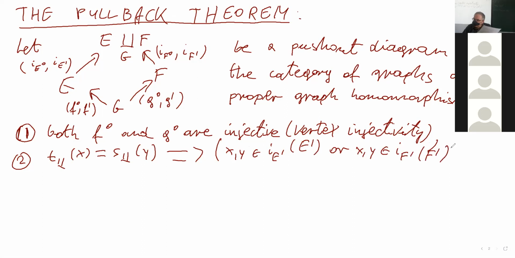So this is what we refer to as one color condition. Okay. And here OR is important because it might happen that both x, y are in both E1 and F1, I mean, the images of E1 and F1. There's no contradiction here. They can be both double colored, but at least they must share one color.